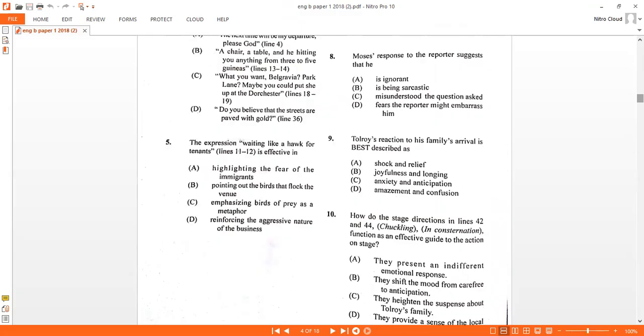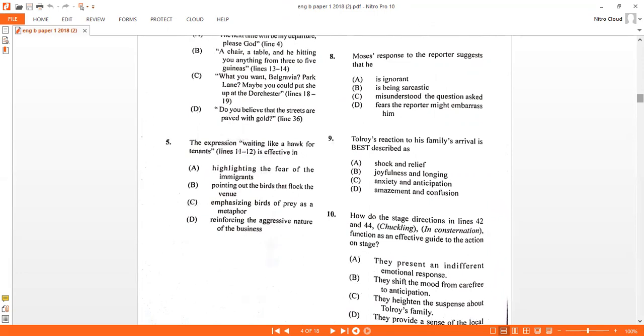Now, as I pointed out before, when we think about a hawk, we think about a bird that is waiting on the right time to attack. The image created in this particular situation is that just like a hawk who waits on the right time to attack, it pays attention to its prey, it looks carefully and notices what it is doing and when it is doing what, and knows when to attack.